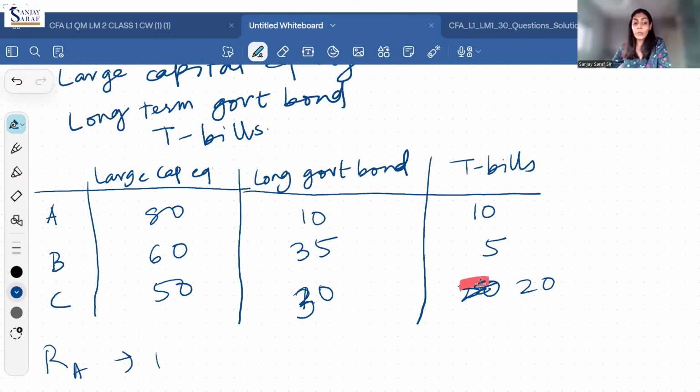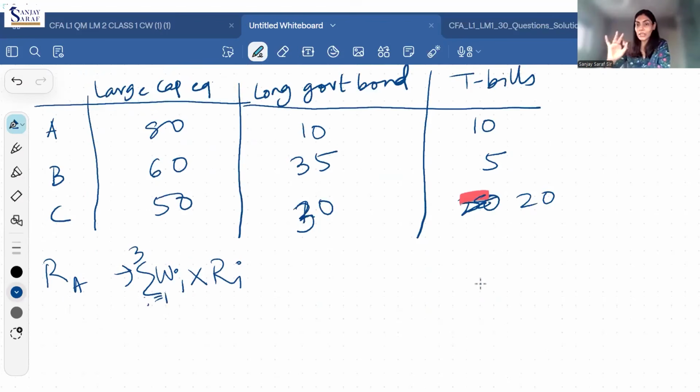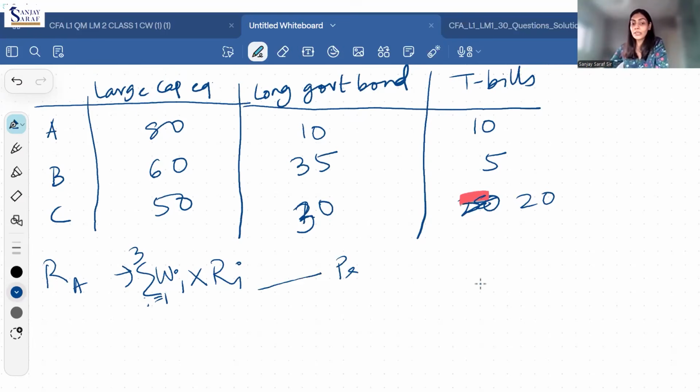It will be the weight of that particular security, मतलब कितना percentage हम उस security में invest कर रहे हैं, into the return of that security, right? So here i is from 1 to 3 क्योंकि 3 securities हैं, हर का weight उसके portfolio में into the return of that portfolio.